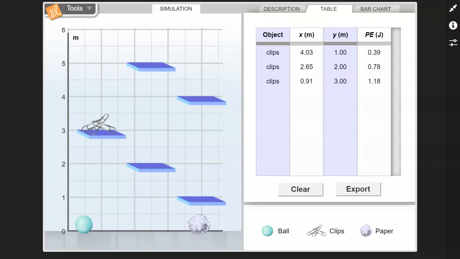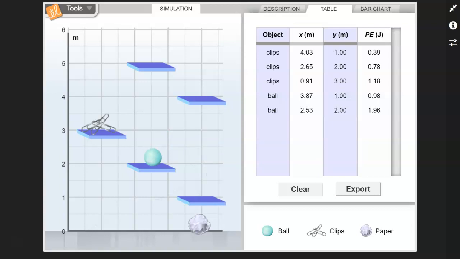Now let's compare that to an object with more mass, the ball. If I put the ball on the first shelf, the ball has 0.98 joules of gravitational potential energy. On the second shelf, the ball has 1.96 joules.